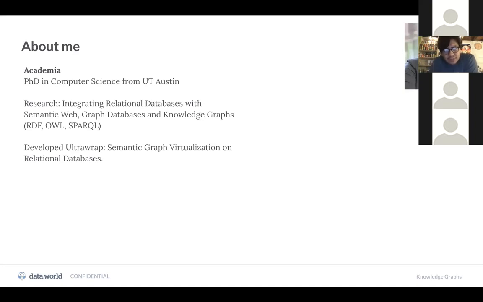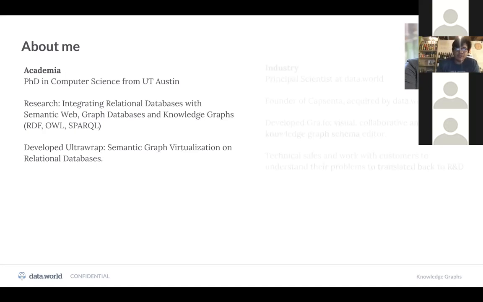My research has been on the relationship between relational databases and semantic web, graph databases, and now knowledge graph technologies, essentially at the intersection of logic and data. One of the deliverables of my PhD, in addition to all the theory, was a system on how to virtualize relational databases as if they were semantic web databases.